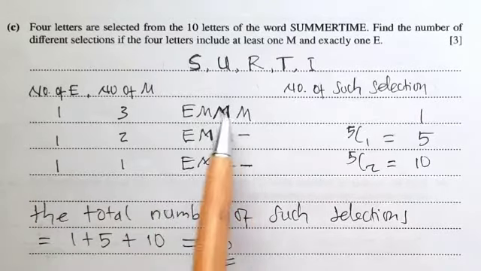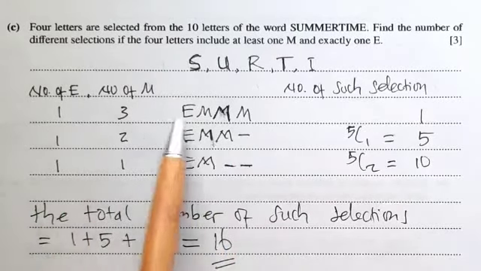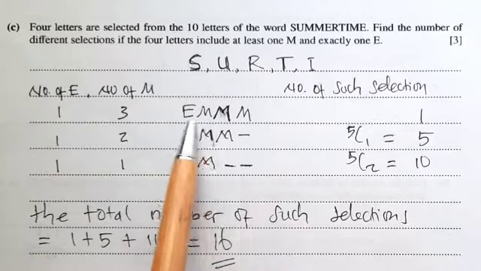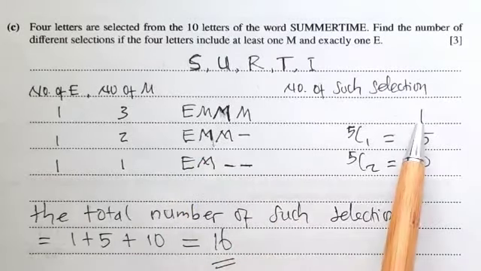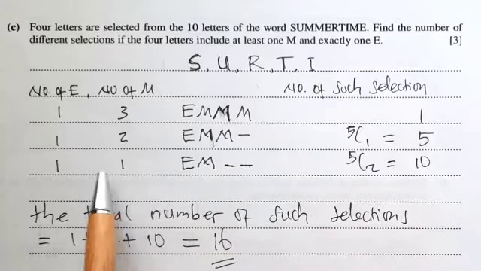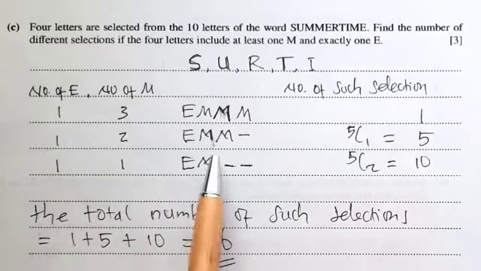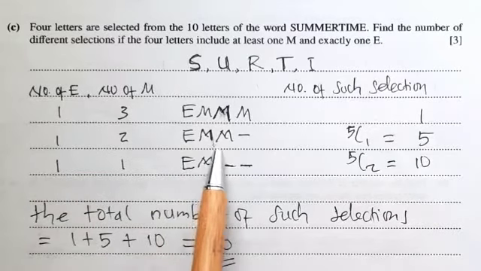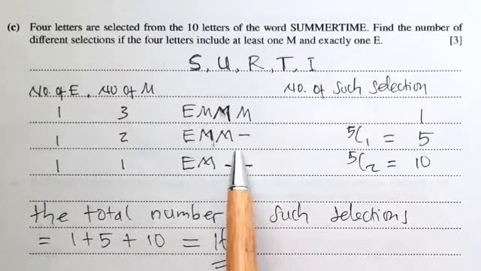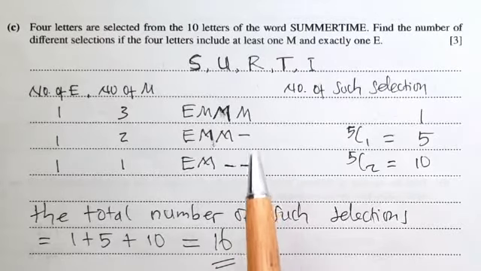For the selection which contains 1 E and 3 M's, this is the possible selection, and the number of such selections is 1. Now, when the selection contains 1 E and 2 M's, that is EMM, there is one position empty.